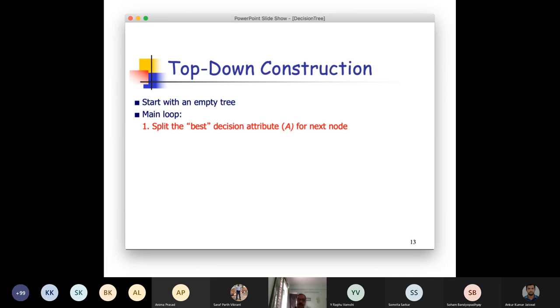After that, of course, if it is a discrete value, your job is simpler because for every discrete value you'll have a branch. But if it is a continuous variable, then you need to discretize. So what kind of discretization would be efficient and give you the desirable result? That is an issue.